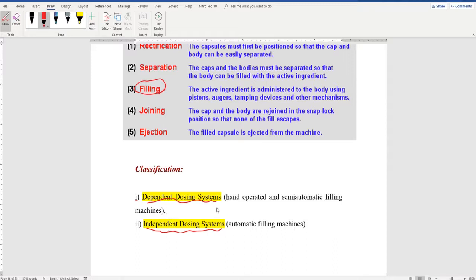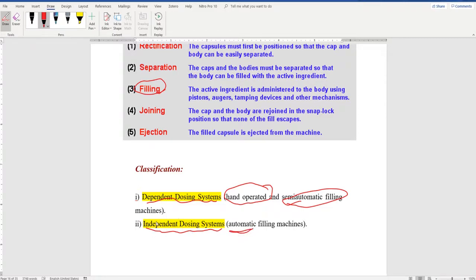For the dependent, we have the hand operated machine. It's not an automatic machine, it's hand operated, it's not mechanical. And we have the semi-automatic. Semi-automatic means part of the process will involve manual or hand operation and the other part will be automatic. Whereas the independent dosing systems are automatic filling machines.